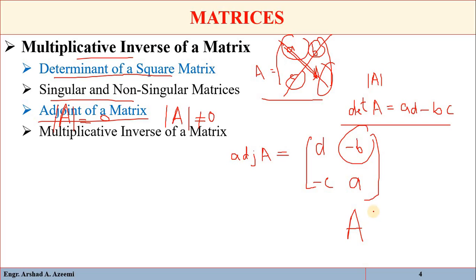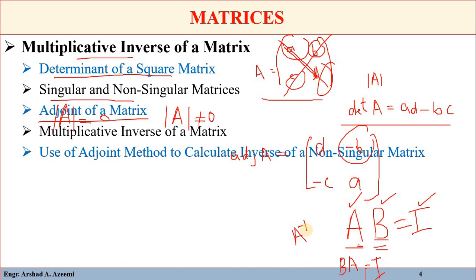And suppose we have another matrix B. If the product of AB, or the product of BA, is equal to the identity matrix, then B will be called the multiplicative inverse of A. The multiplicative inverse of a matrix is represented by A to the power minus 1. We will solve questions on this in the exercise.